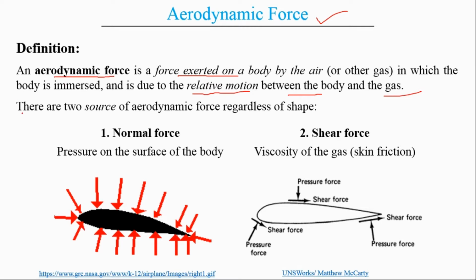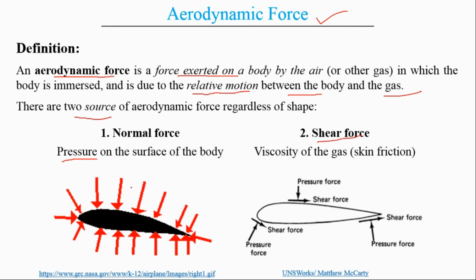As I said, aerodynamic force is nothing but the force exerted on a body by air or a gas in which the body is immersed and is due to the relative motion between the body and gas. There must be some source of it. So basically, there are two sources of aerodynamic forces regardless of shape. These two are either the pressure force or the shear force.